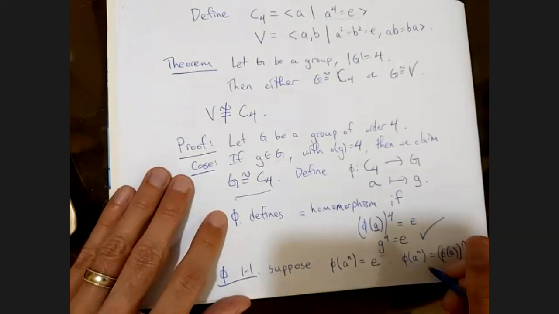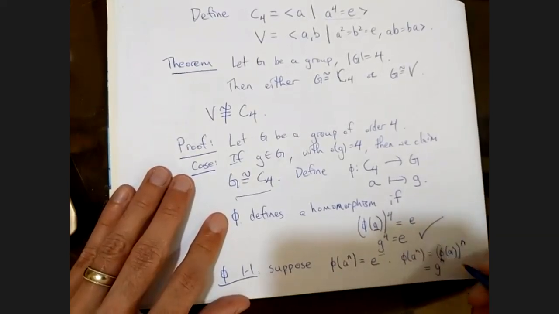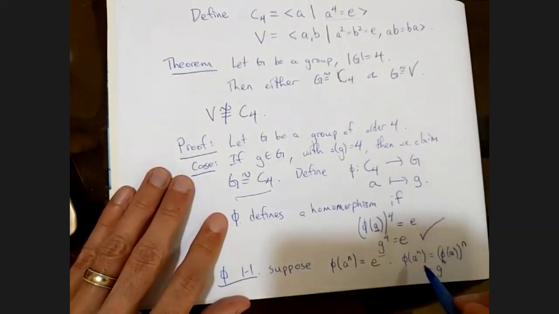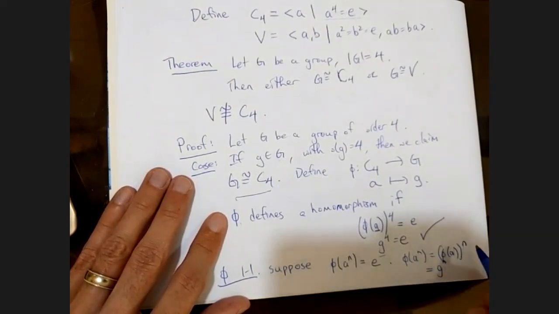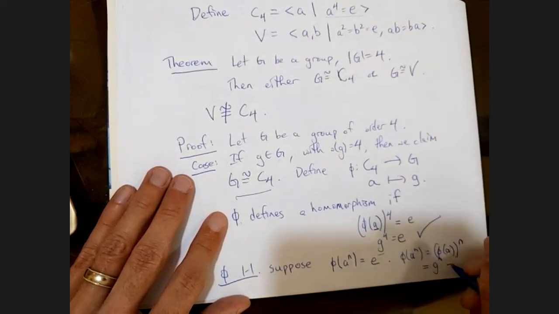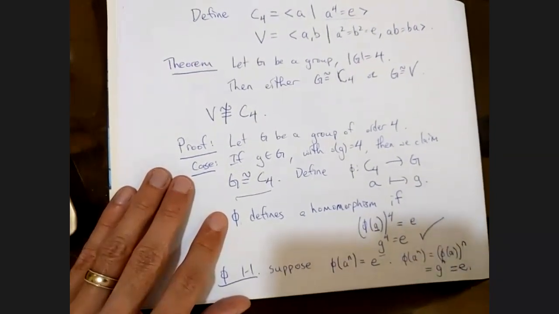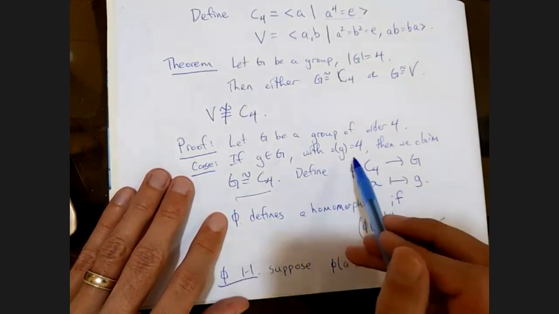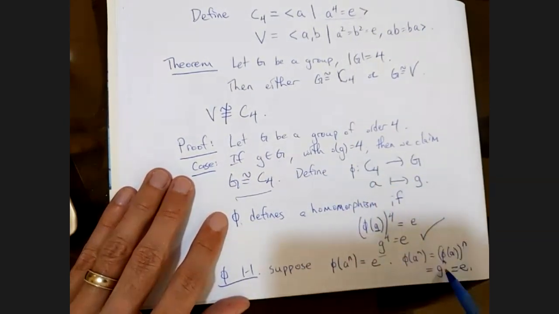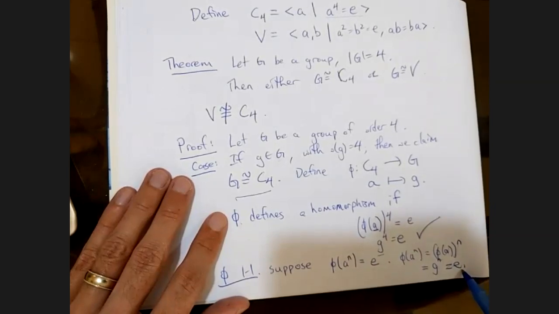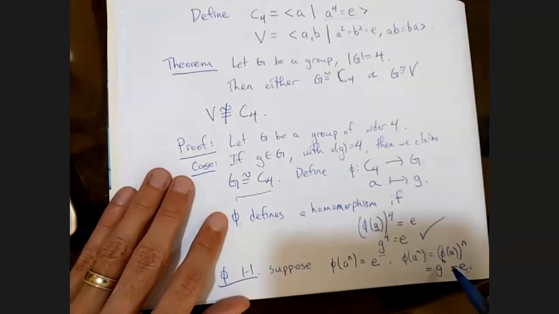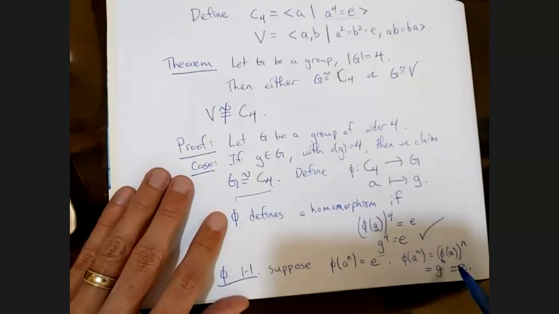Phi of A is just G, so this is G to the n. Our assumption then implies G to the n equals E. But now the order of G is 4, and G to the n is the identity, so that implies that 4 has to divide n.